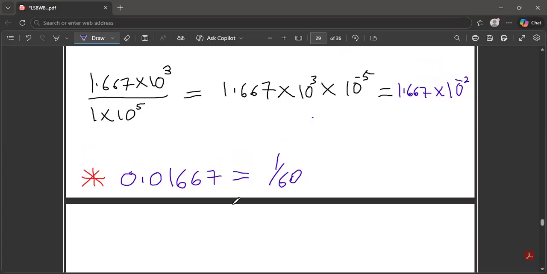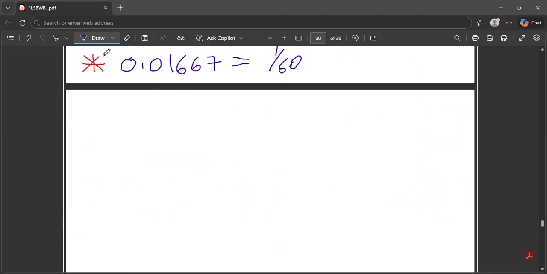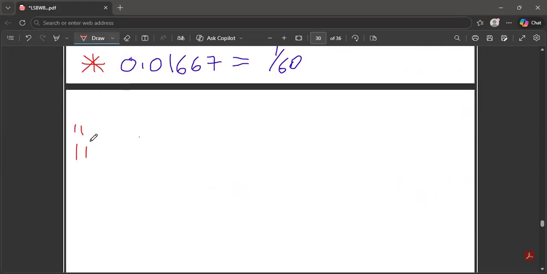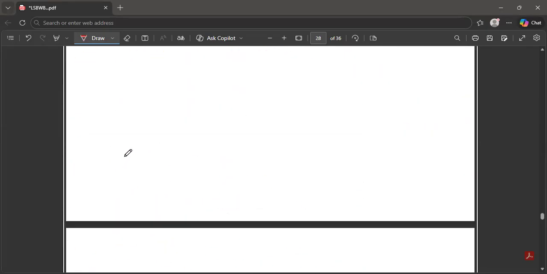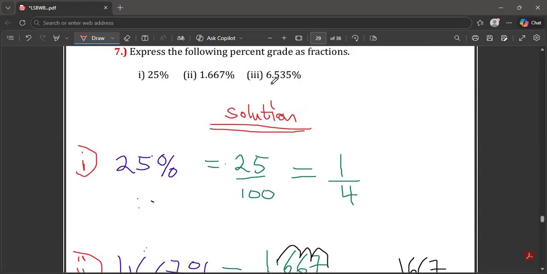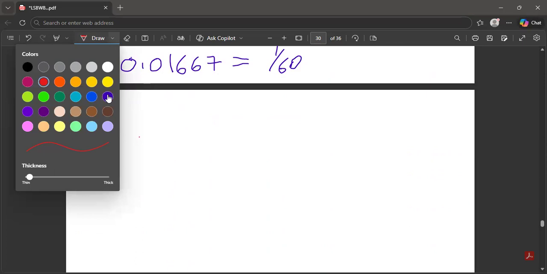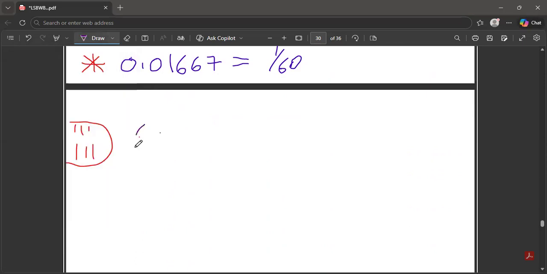Let's proceed to solve the last one, which is I. So this is I. And then our question says we should convert 6.535%. So this is 6.535%.